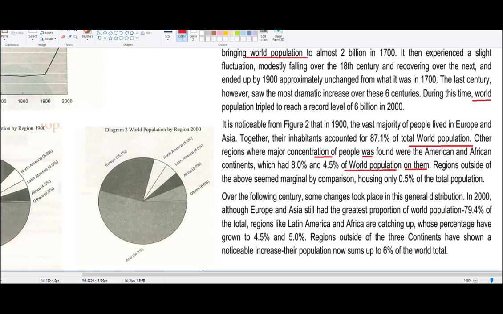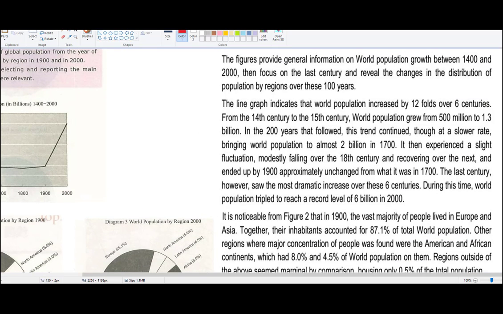And then if we look at grammar, the line graph indicates, okay, so the present tense is used correctly here, and the past tense is used correctly here. Grew, okay, past tense, at a slow rate, bringing, oh, the bringing is good.